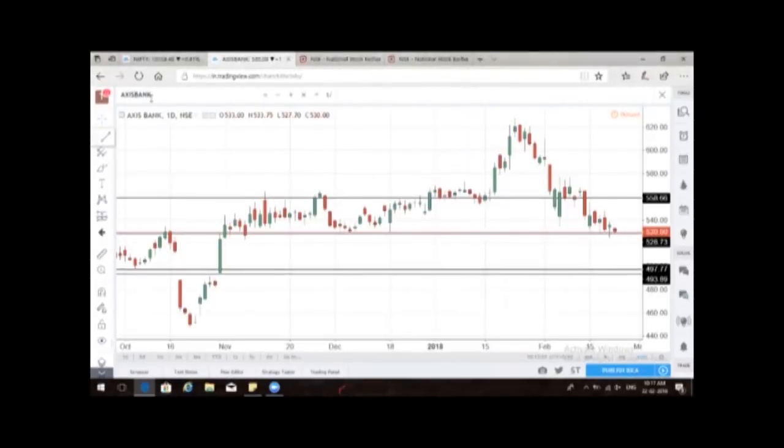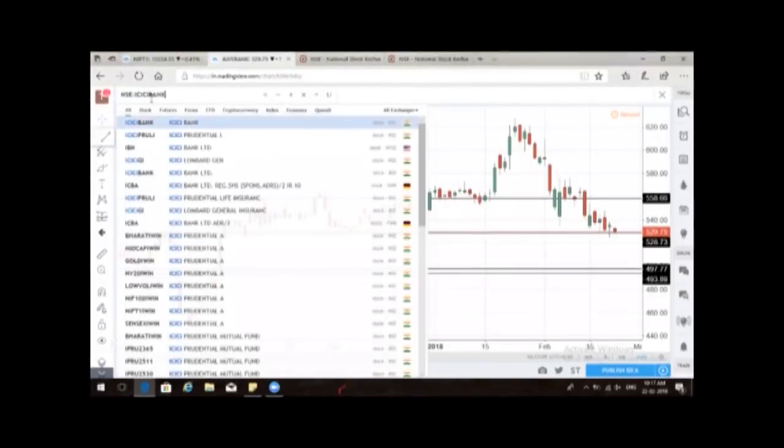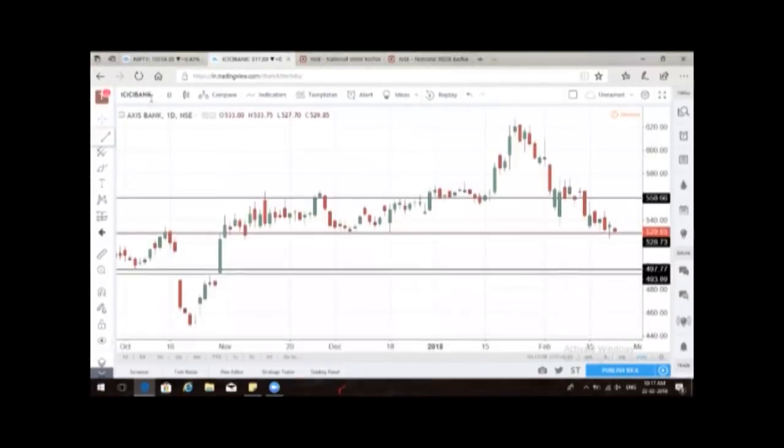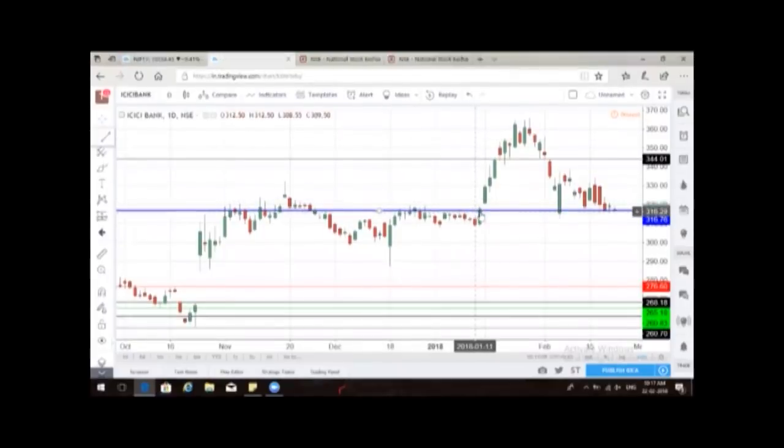The structure does not remain strong for these banking stocks. ICICI Bank is almost at the brink of a very important juncture, 315. With HDFC and ICICI both at the important juncture of 315 or so, it is clearly possible that you can see further downside even on ICICI Bank.